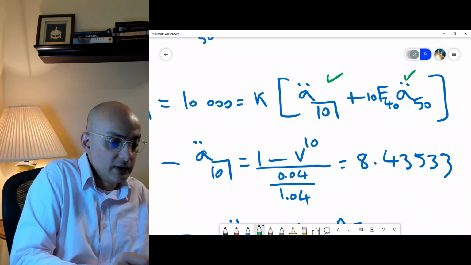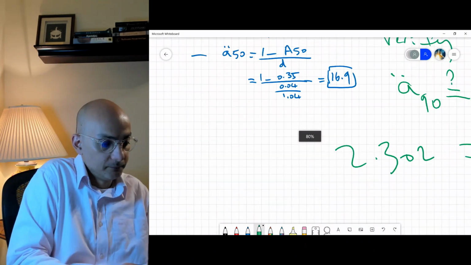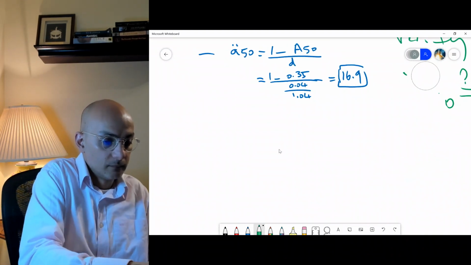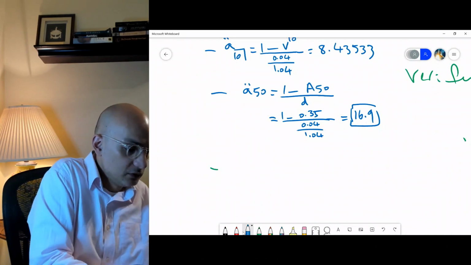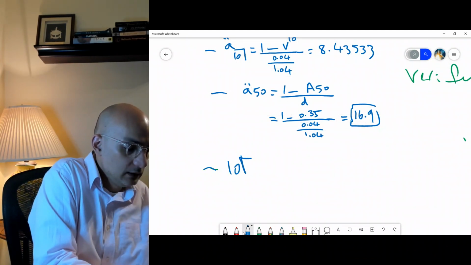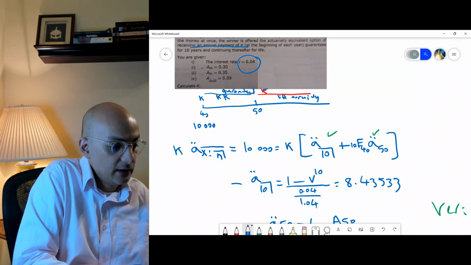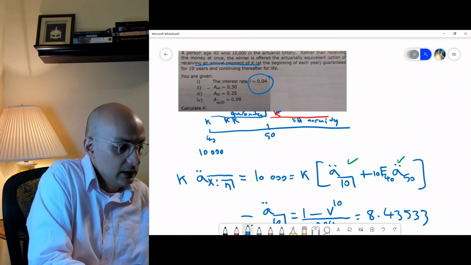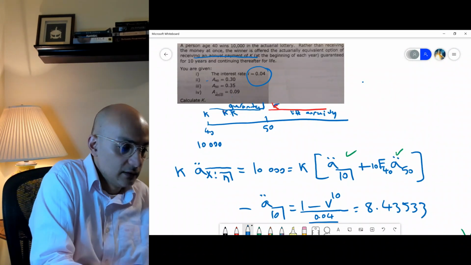Now the last one is 10E40. Let's see how we can compute 10E40. We are given this. I mean, we can rearrange these.